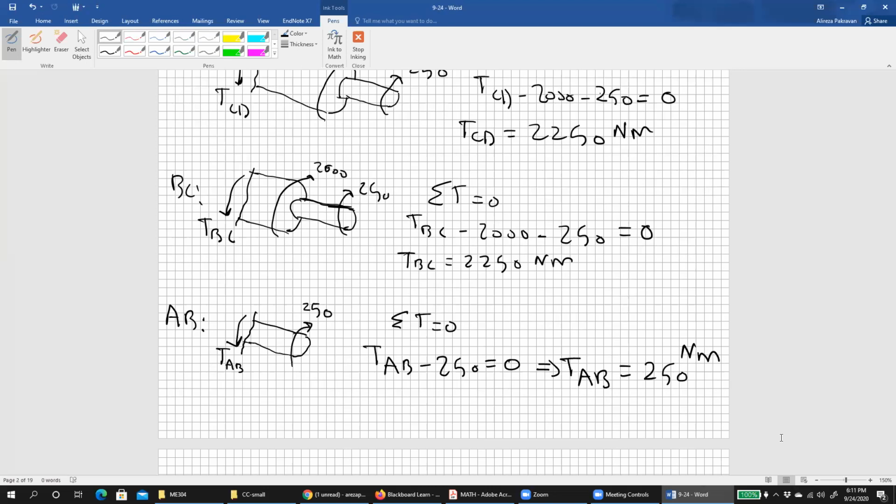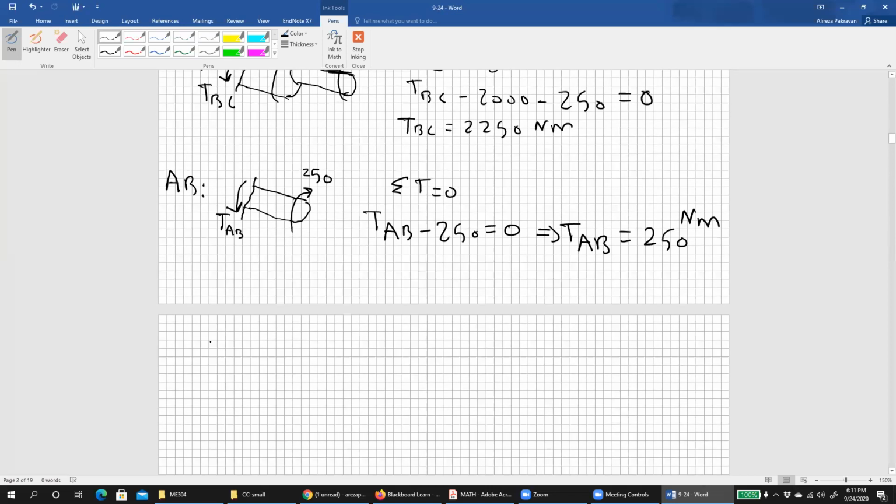Let's go to the next step. T is found, L is given, G is given. Let's find the J also. Let's go to each section, starting from AB.